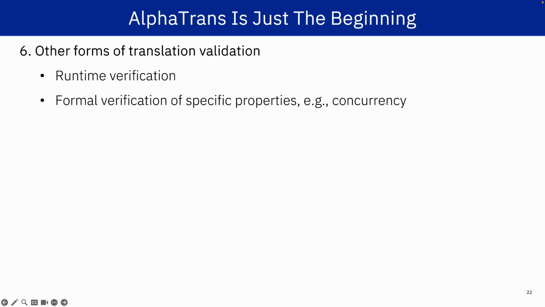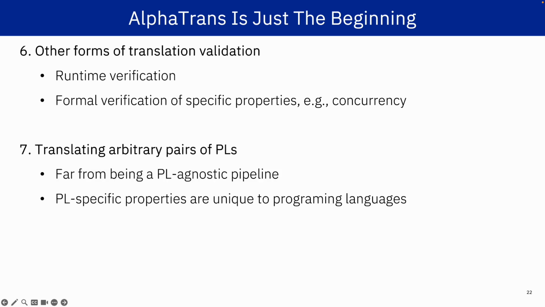In the future, we can have other forms of translation validation, for example runtime verification and also formal verification of specific properties like concurrency. And translating arbitrary pairs of programming languages is another problem. It's a holy grail that we need to achieve in the future.